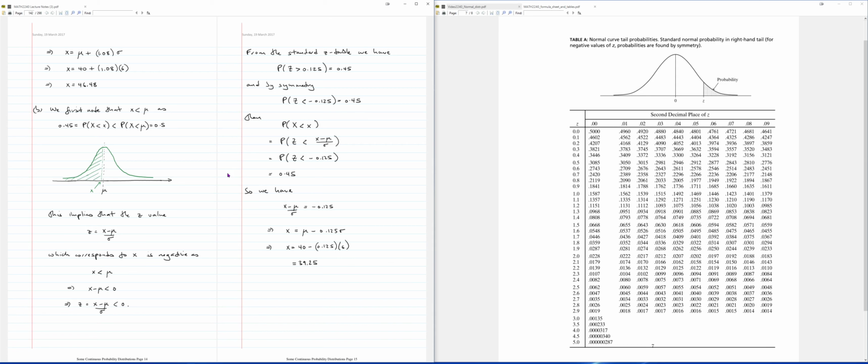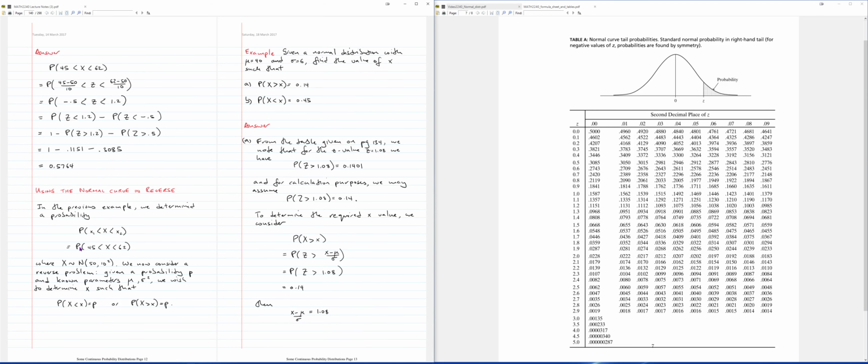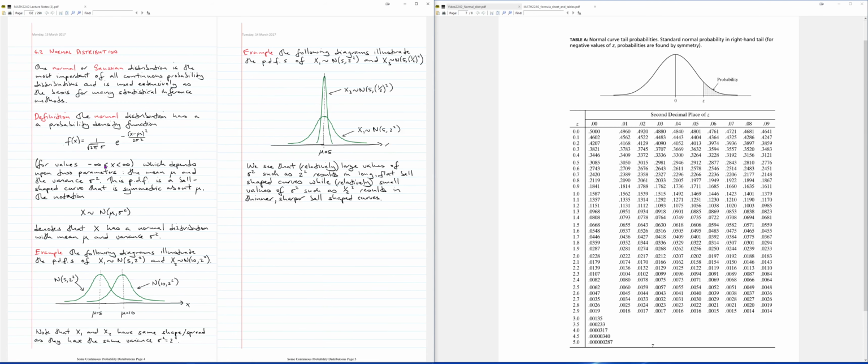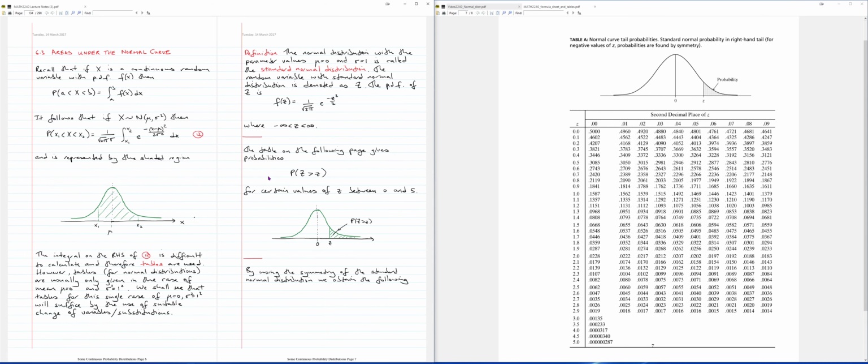I will explain this a little more because the conversion takes a little bit of work. This substitution will get rid of the mu and the sigma, and that will do the conversion from a general case, which is over here, to this case over here.